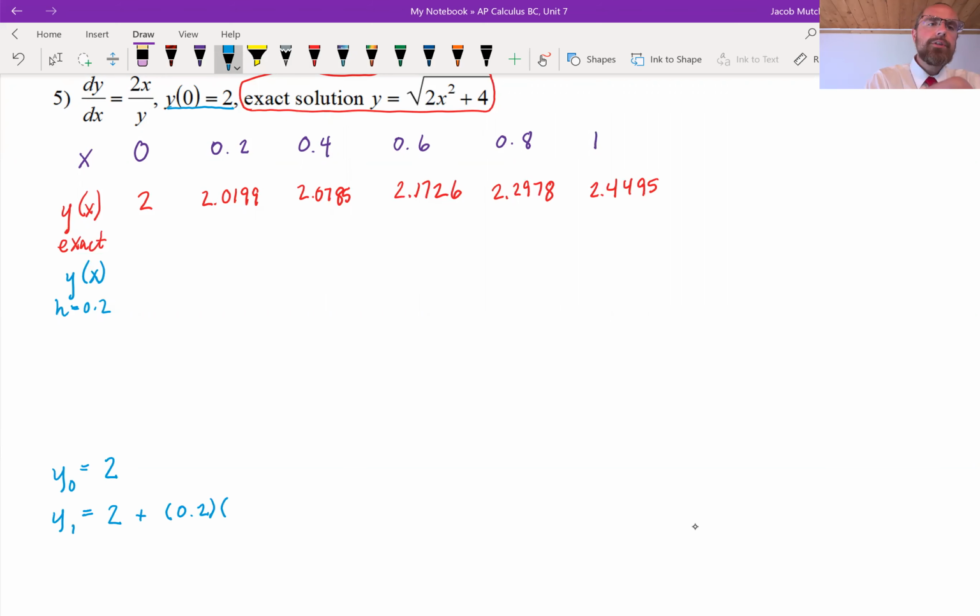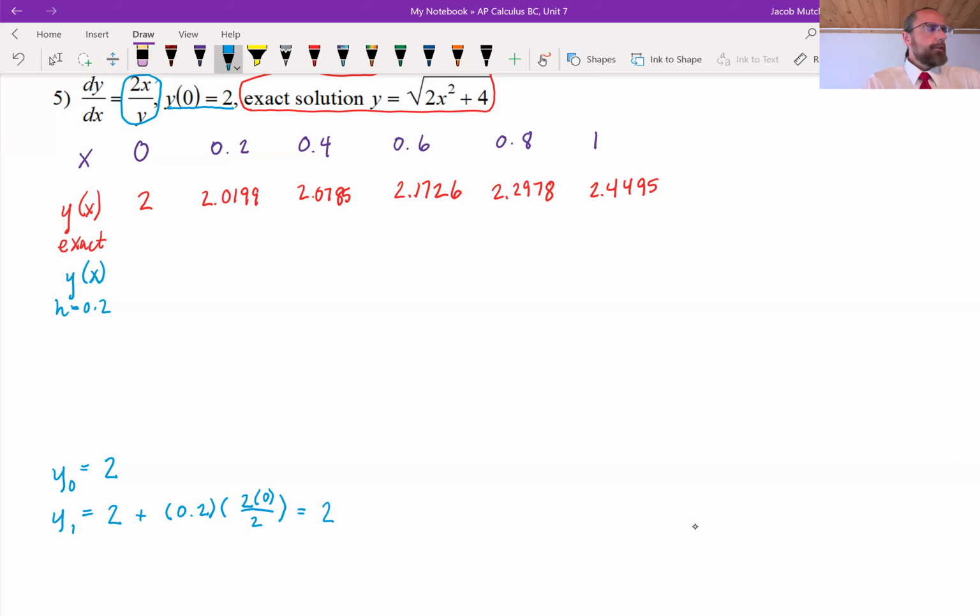That equation is 2x over y. So I'm going to put 2 times x sub 0, which was 0, divided by y sub 0, which again is 2. I could take this to the calculator, but this one's pretty straightforward. This whole product, because it's got a 0 multiplying in there, is going to turn to 0. So this is 2 plus 0 is 2.